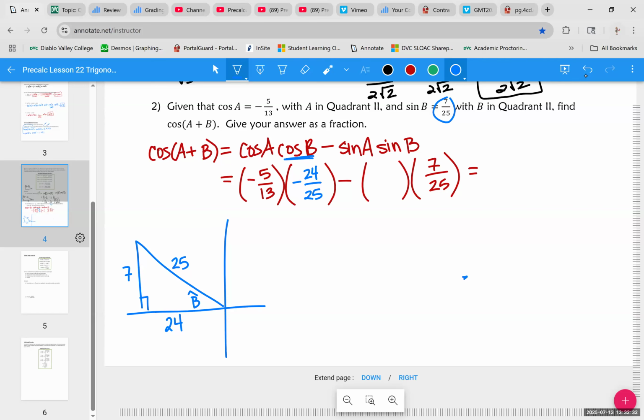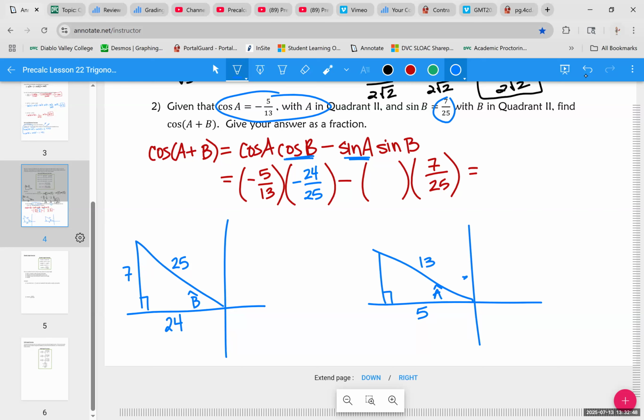Okay, now we need to find the sine of A, so we're going to use the information about angle A, also in the second quadrant. Cosine is 5 over 13. So a quick Pythagorean theorem tells me that this side is 12. And so the sine in the second quadrant would be positive 12 over 13.